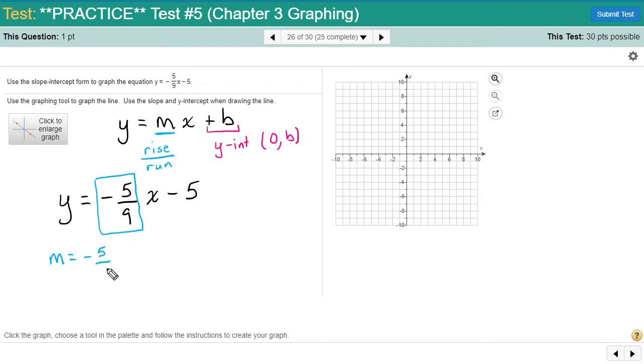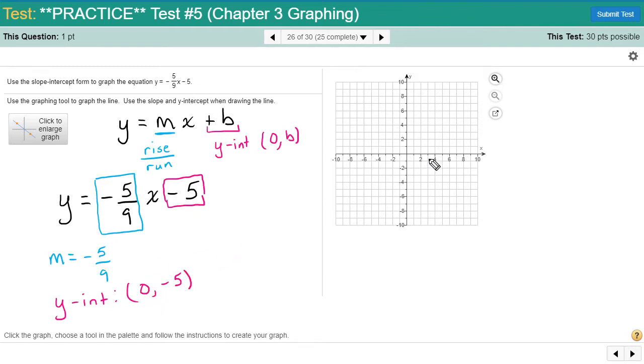And our y-intercept comes from right here. And remember, the y-intercept is a point. It's an ordered pair. So in this case, it will be 0, comma, negative 5. And for y-intercepts, the x is always 0.